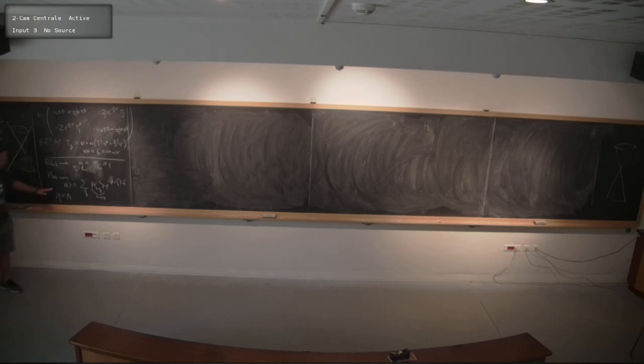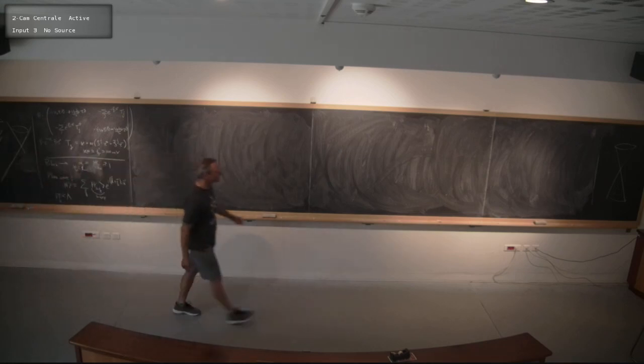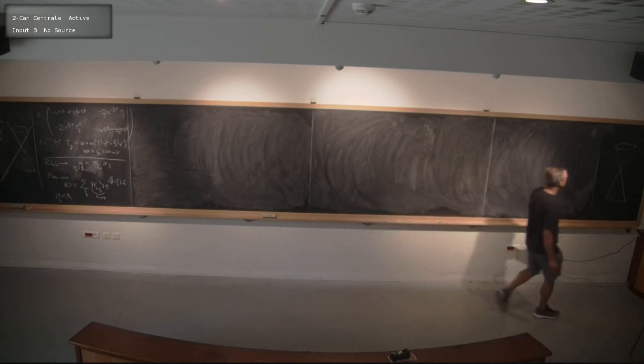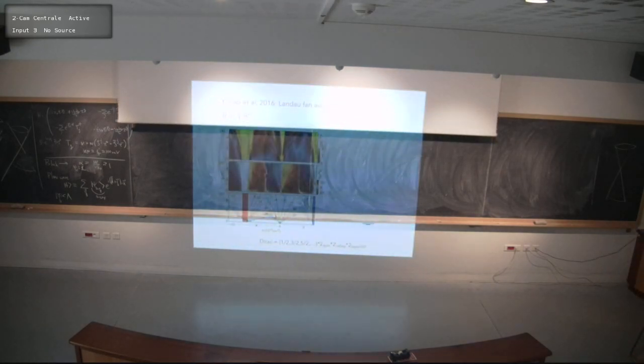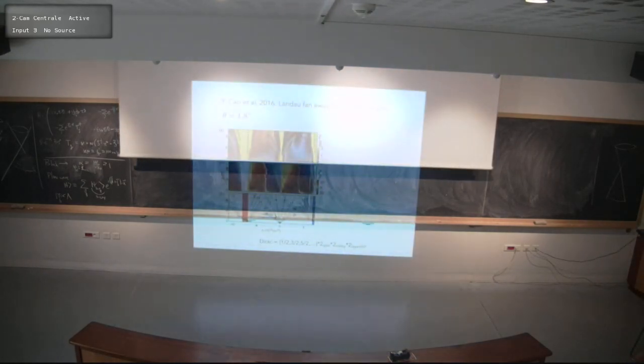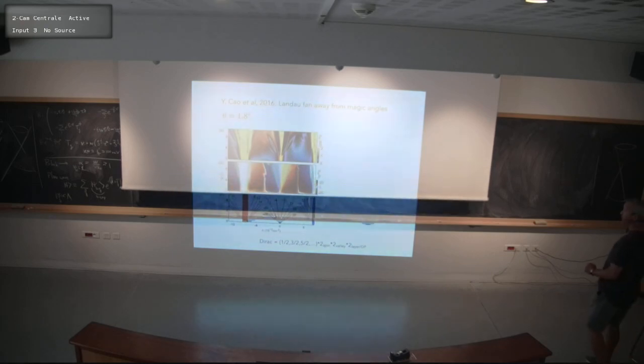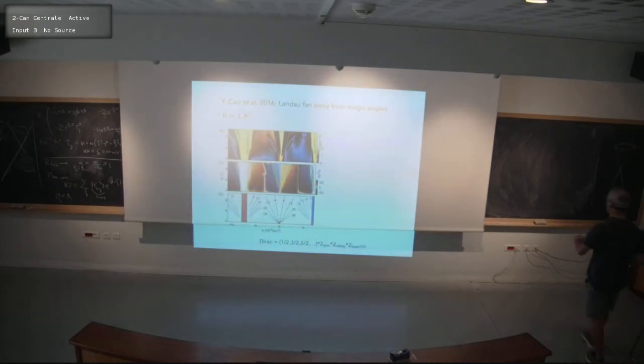So you put this on a computer. It's not hard, and you start seeing nice things. I'll show you some of the nice things again. This is experiments. All right, we'll need this.